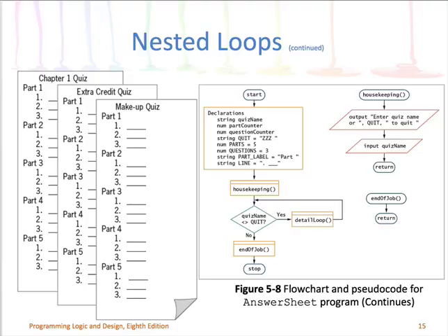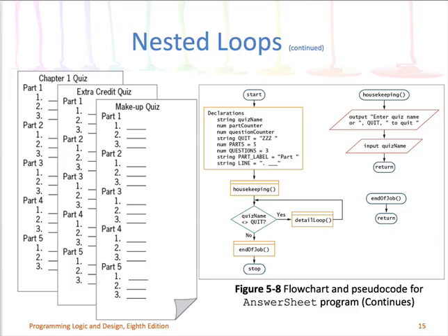So in this one, they're asking you to enter a quiz name, and then just keep doing that. Within that, though, you need to ask the scores that were made on the various types of exams.